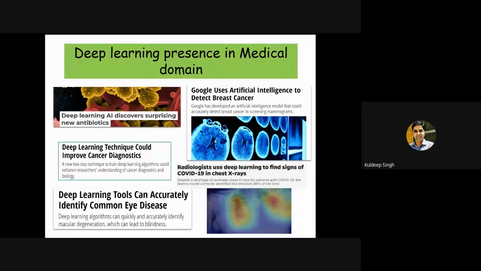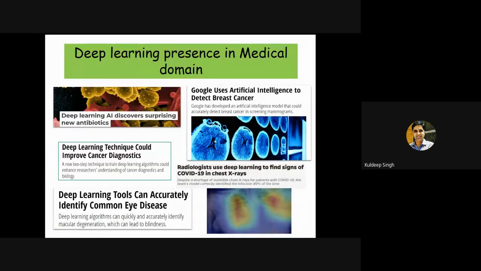Then among other usages, deep learning has helped in discovering new antibiotics. Discovery of antibiotics is a very complex problem, and researchers end up discovering the same antibiotic again and again. But deep learning has shown promising results in the field of drug discovery and specifically in discovering antibiotics.